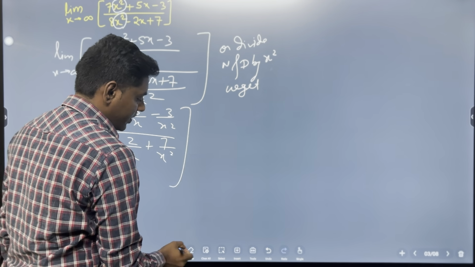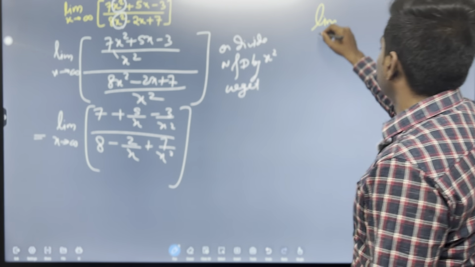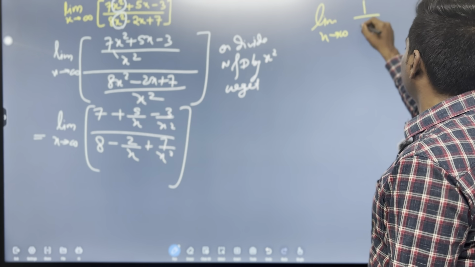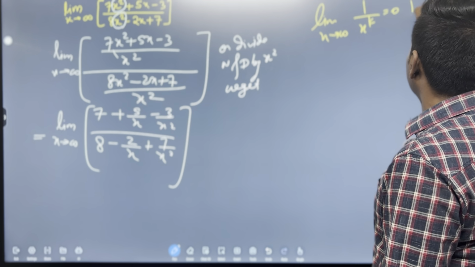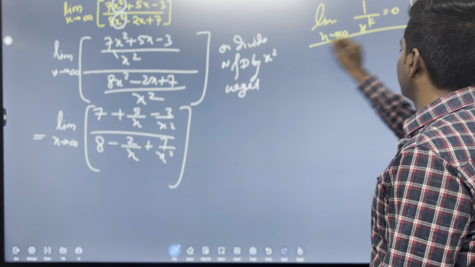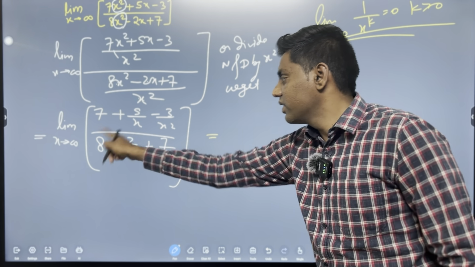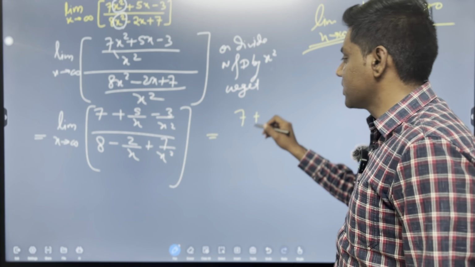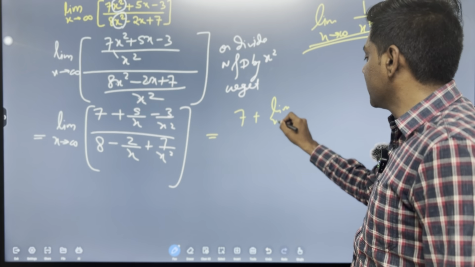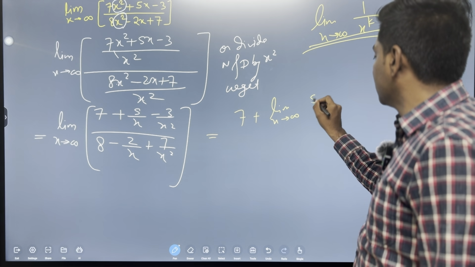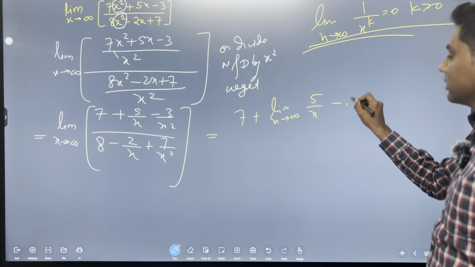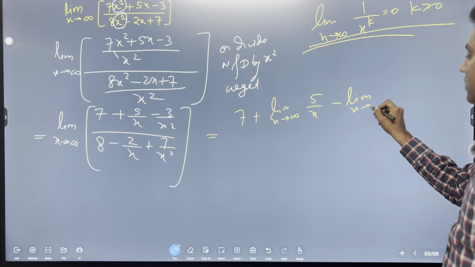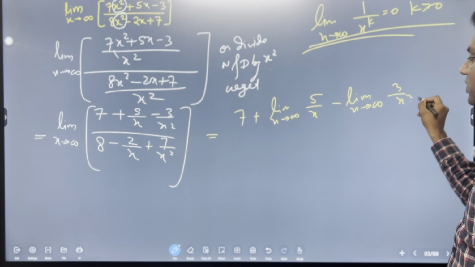Again, by using the formula, limit x tends to infinity 1 upon x raised to k equals 0, k is greater than 0. So by using this formula, we apply the limit separately to each term, that is 7 plus limit x tends to infinity 5 divided by x, minus limit x tends to infinity 3 divided by x square.